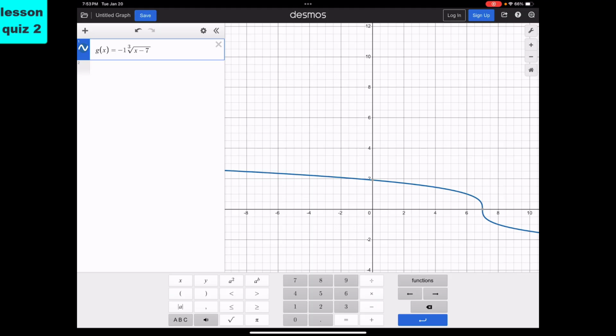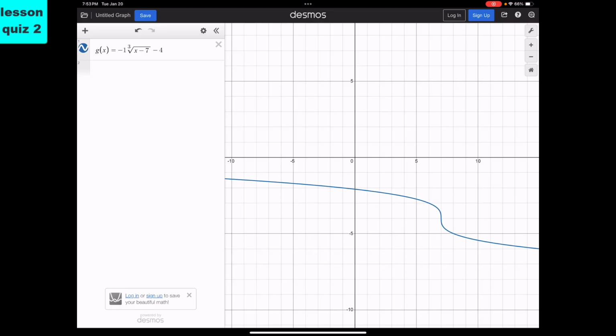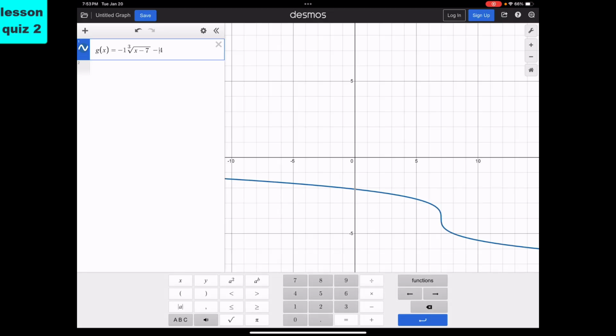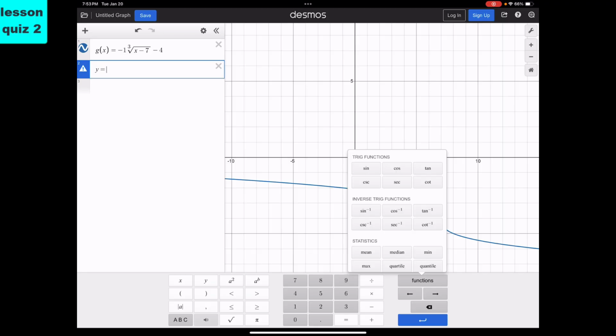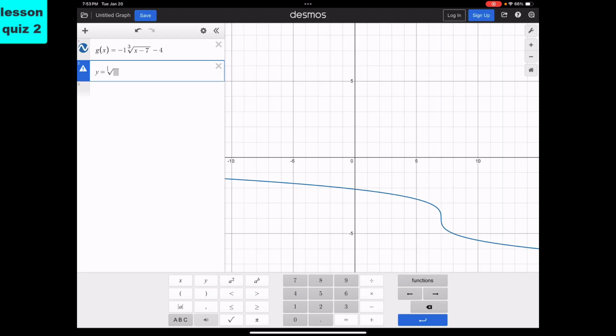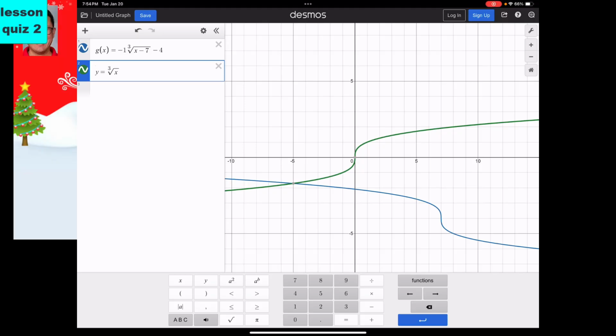And then we have minus 4. Okay, so let's say you don't see that. Let's see if we can just copy all this. No, we can't. Okay, let's just type in this. Okay, so you saw as I did it, it's reflected over the x-axis, the index is pushed over to the right 7, then down 4 units. Okay? Hopefully that was helpful. See you guys later. Bye.